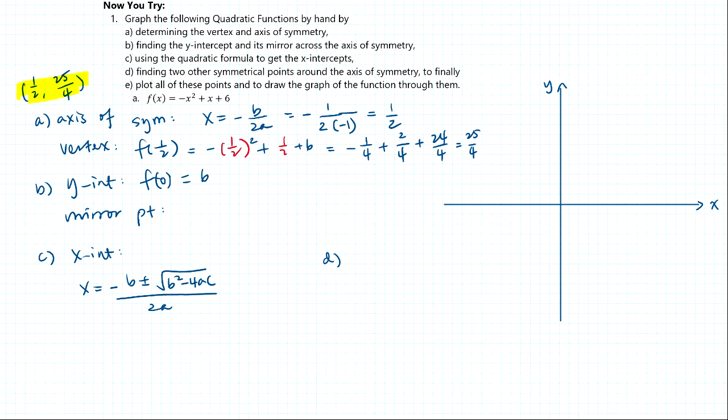You can find its mirror for the axis of symmetry.